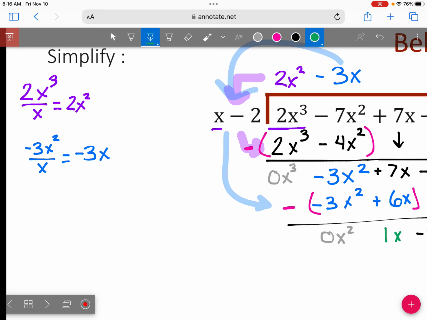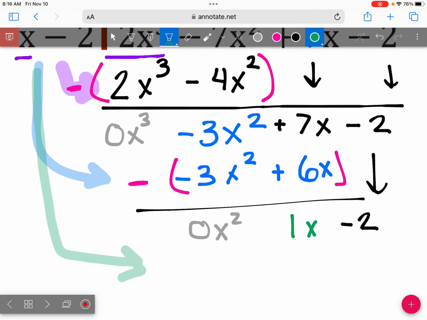We need to take our 1x over x. And what do we have? Just 1. So up here, we're going to have a +1. We're going to take that 1 times the whole term, in green, and it's going to go under there, giving us x minus 2. And they both cancel out.